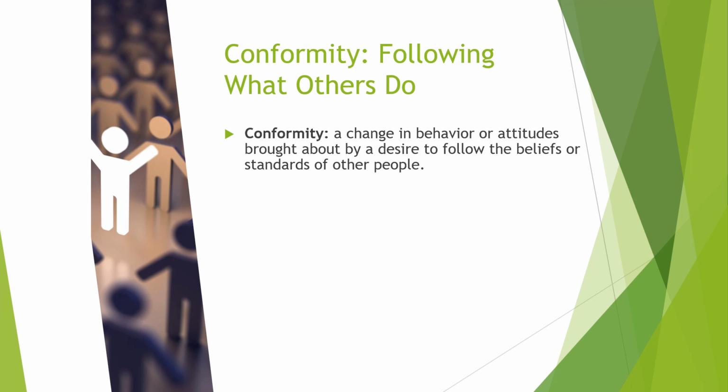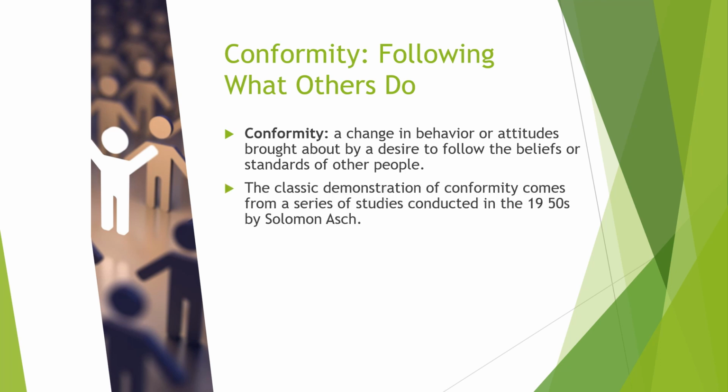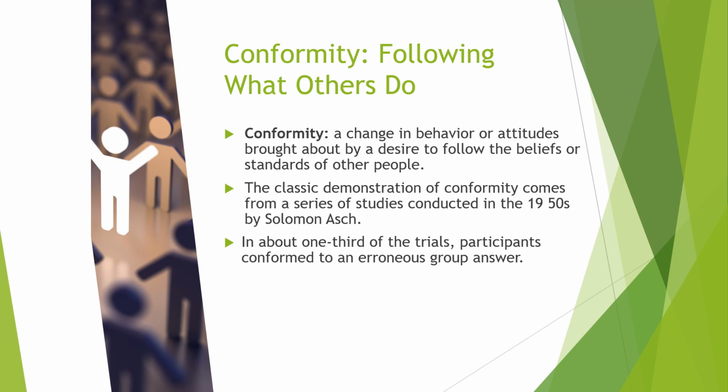One of the most classic historical experiments looking at conformity was a study done by Solomon Asch in the 1950s. What we find is that in about 1/3 of those trials, participants conformed to an erroneous group answer, meaning that even though the participant knew the others were giving the incorrect answer, they went along and also gave the incorrect answer, just because they wanted to conform.